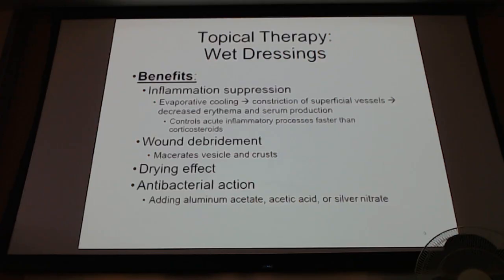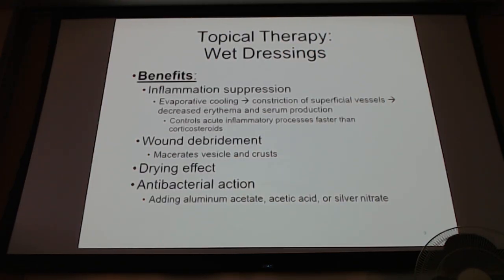Sometimes the drying effect will work, but we could also need to use some type of an antibiotic if we believe there is an associated infectious process that is also causing that wetness. So you can add antibacterial action by adding acetate, acid, nitrate, those things there.